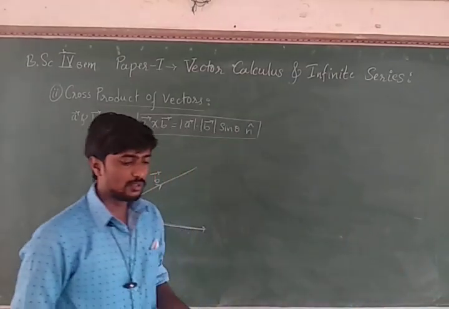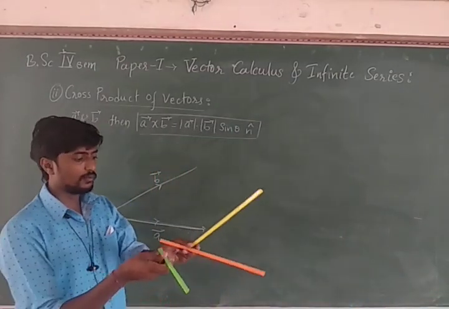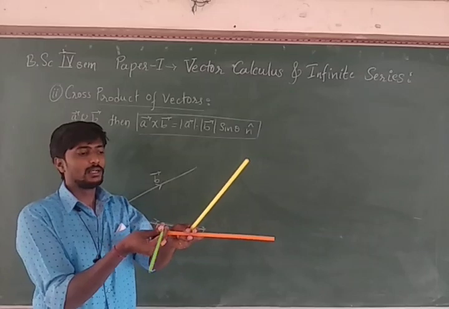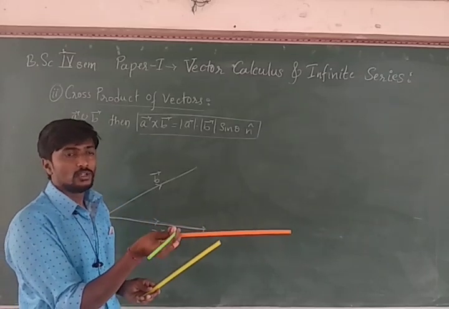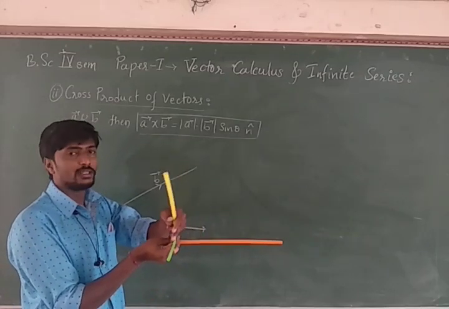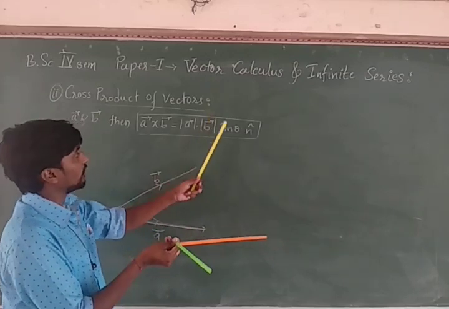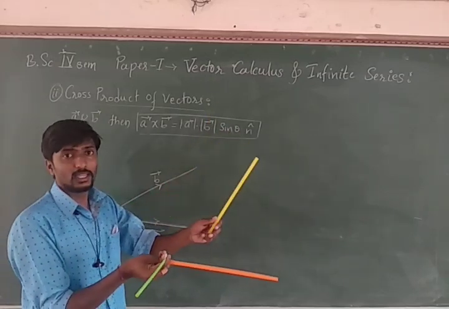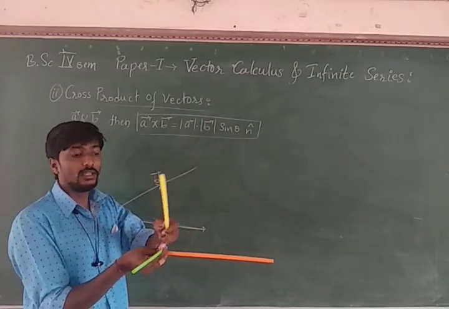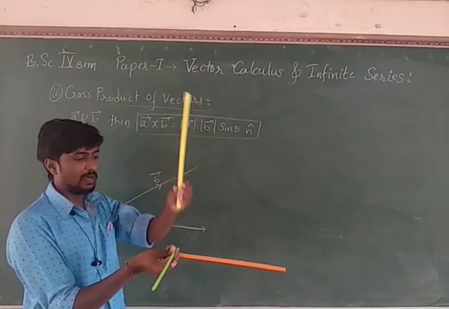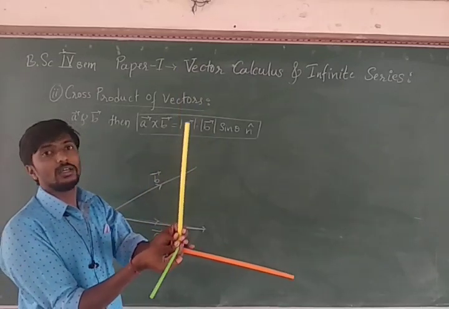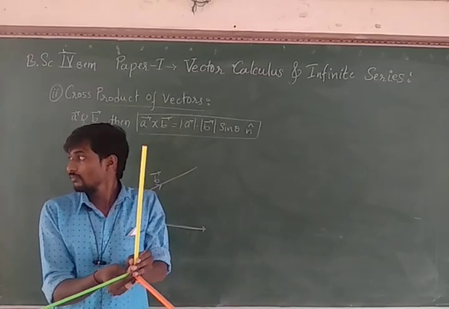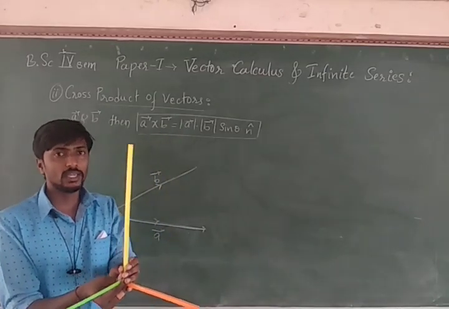So this is your vector A, and this is your vector B. A vector and B vector are traveling this way. There is some angle made by these two vectors, and that angle will be calculated by sin theta. And another thing, the direction of this A cross B is always perpendicular. This is the direction of the A cross B value.